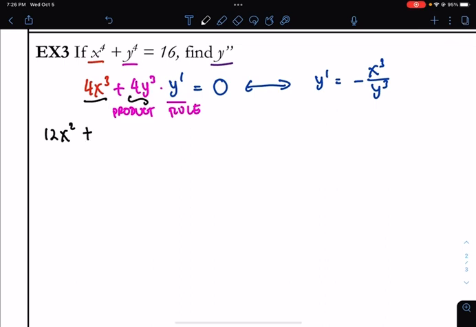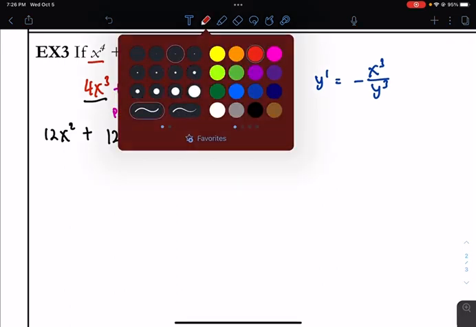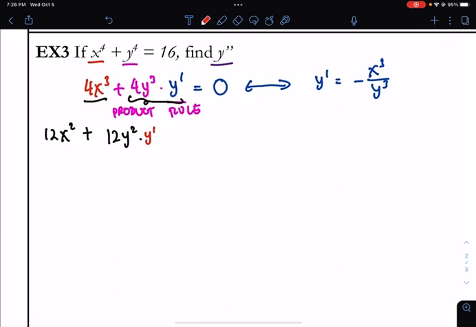And in this part, we're gonna find the derivative of 4y cubed, which is 12y squared, right? Because we're taking the derivative in terms of x, we have to multiply this by y prime.